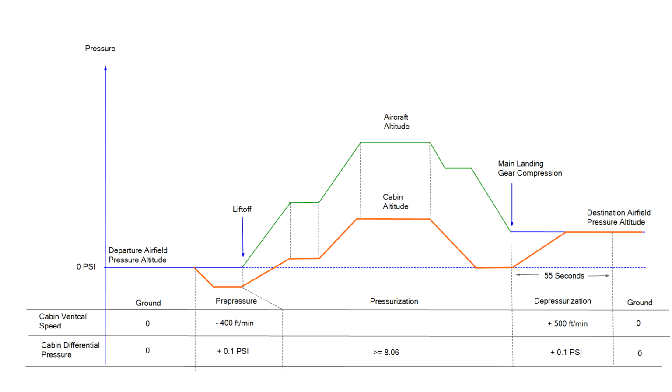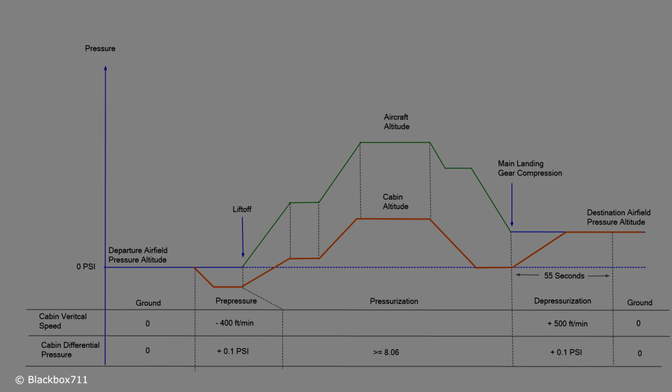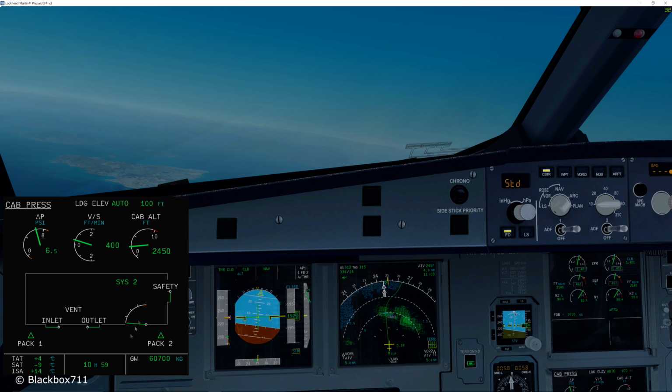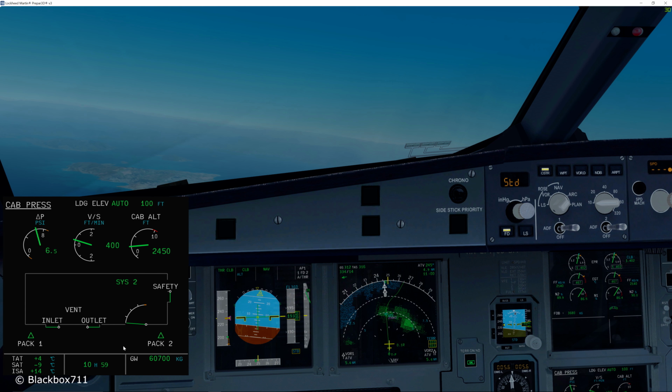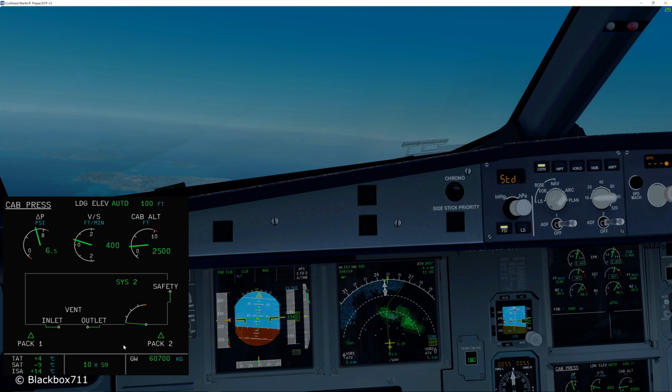You will, of course, notice the differential pressure slowly becoming bigger and bigger during the climb. Now, the normal vertical speed climb rate of the cabin is usually 400 feet per minute, while in the descent later on, you'll see that it is about 500 feet per minute.